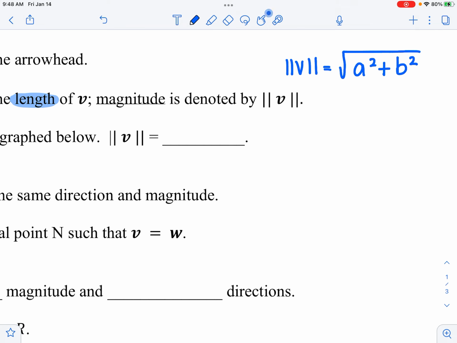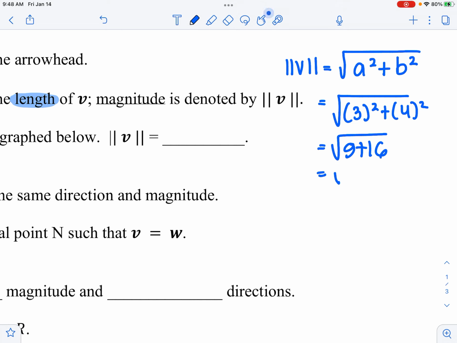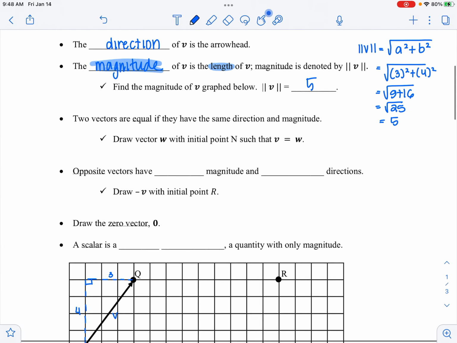And you don't have to do plus or minus because it's a length. It's always positive. So our vector length would be the square root of 3 squared plus 4 squared. That's the square root of 9 plus 16, which is the square root of 25, which is 5. So the length of vector V is 5.